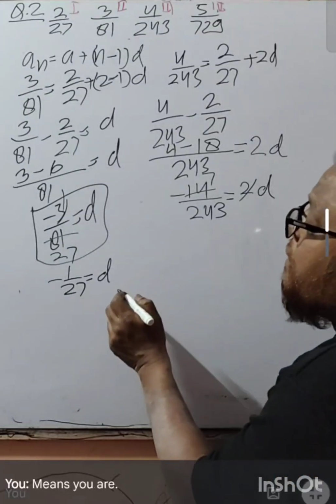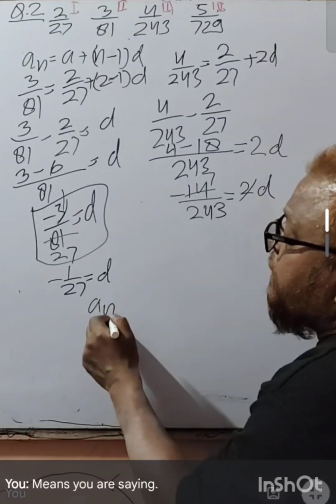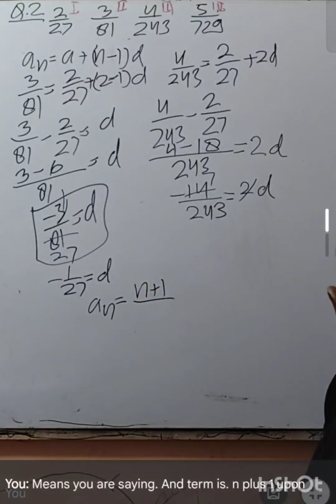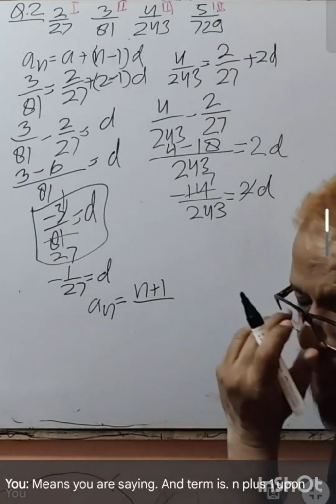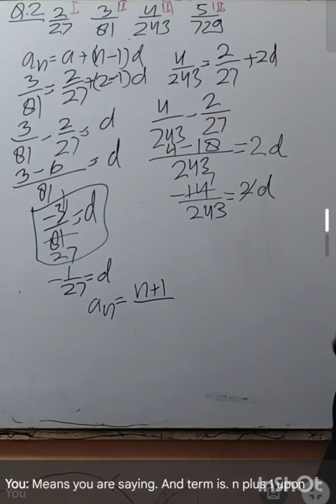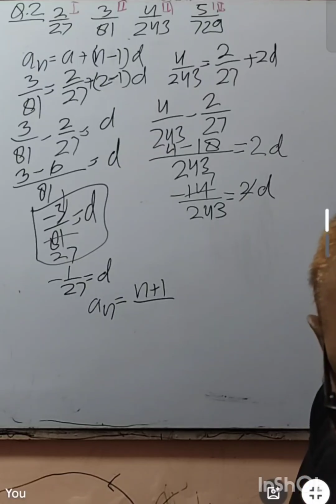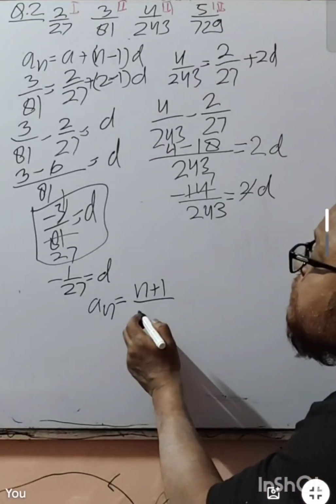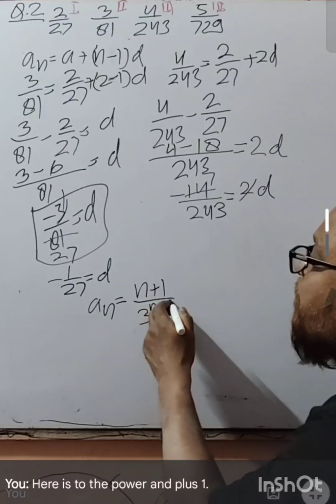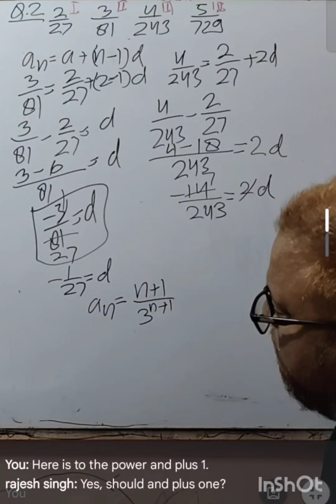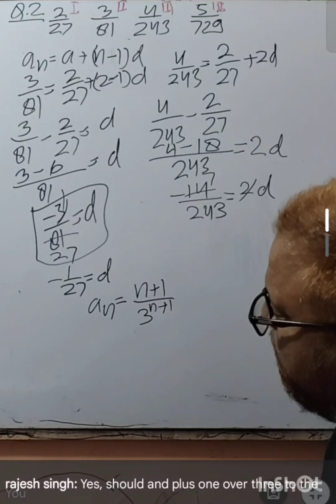Means you are saying the nth term is n plus 1 upon three raised to the power n plus 1. Yeah, so it's (n plus 1) over 3 to the power of (n plus 2).